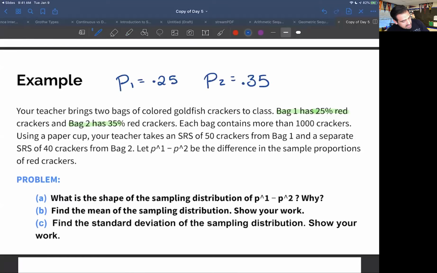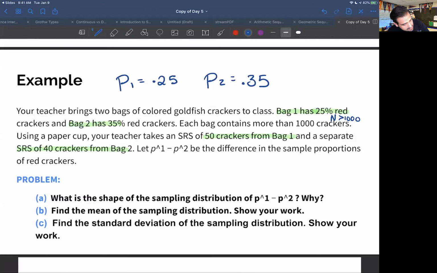The sample size, let's see, each bag contains more than 1,000 crackers. That's good to know. That's the true population. I can say capital N is greater than 1,000.